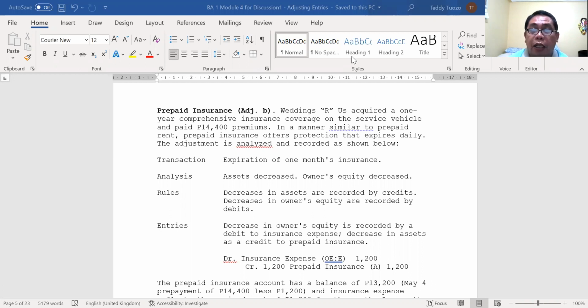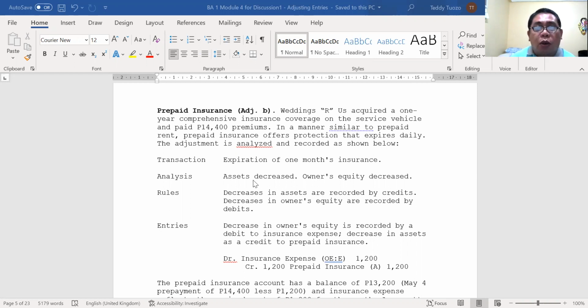So the transaction is expiration of 1 month's insurance, and the analysis is assets decreased and owner's equity decreased. Now remember, Weddings R Us is a continuation on the preparation of the adjusting entries, the continuation of the journal entries that I have given you as an example and also discussed in the preparation of the journal entries.